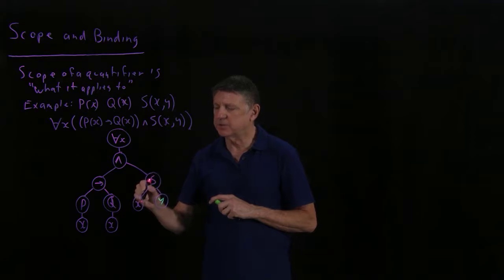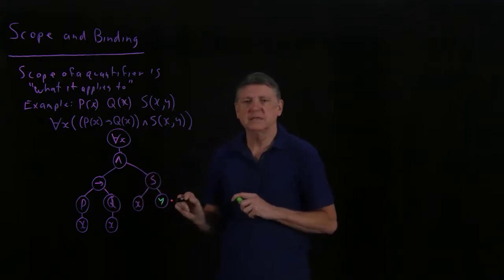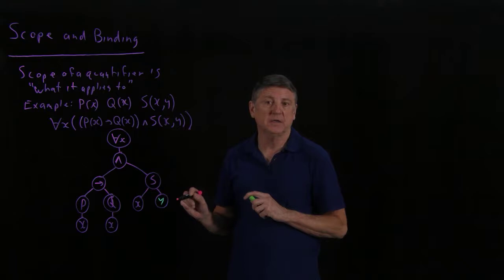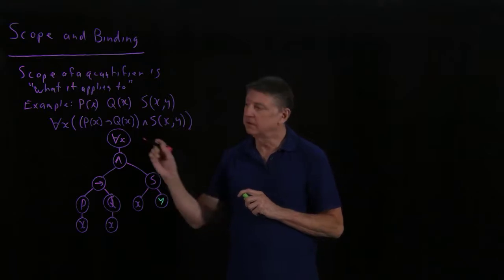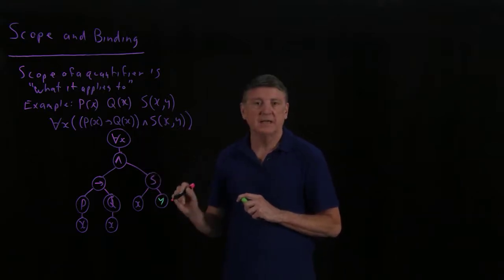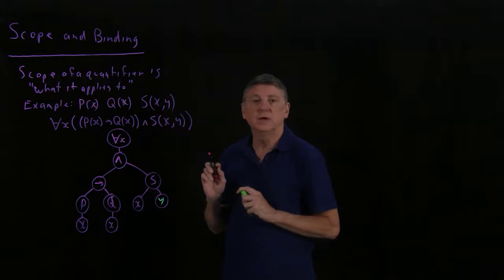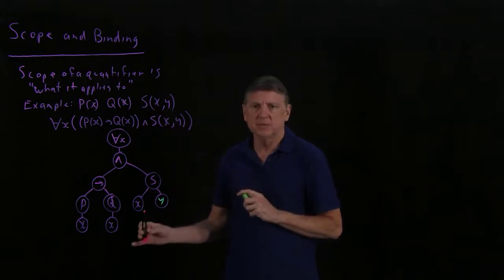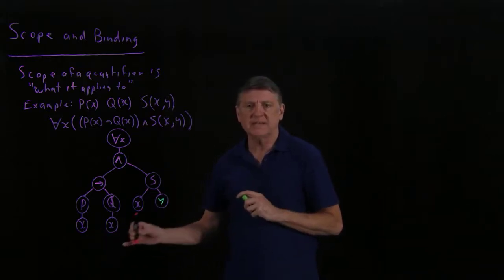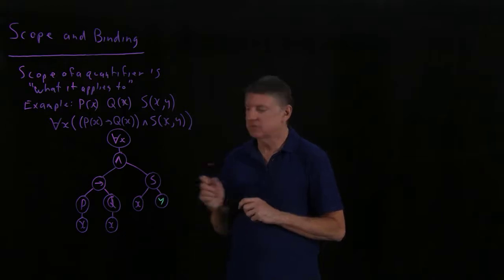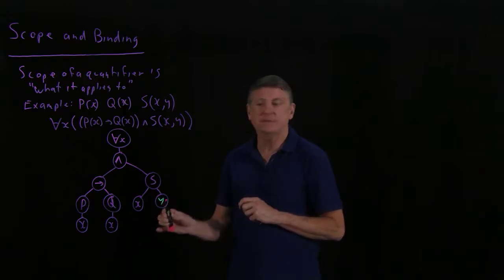What we observe is that this y is not in the parse tree of this for all x, and indeed there doesn't seem to be any quantifier that applies to that y. In a later session we'll define all of these x's as bound variables, and we'll call y a free variable.